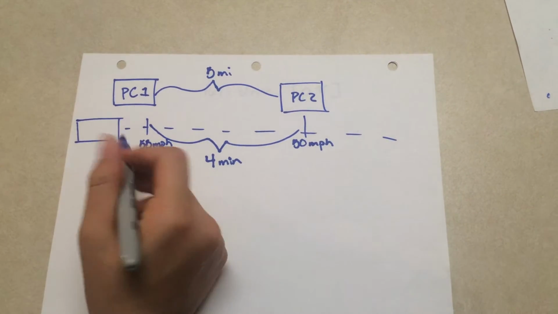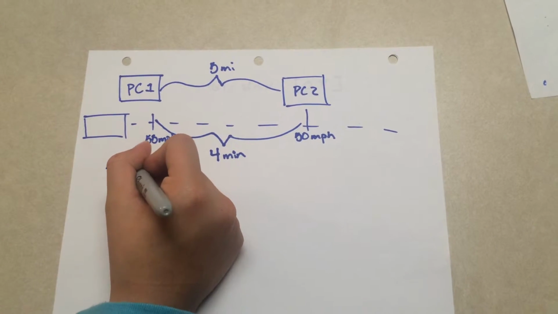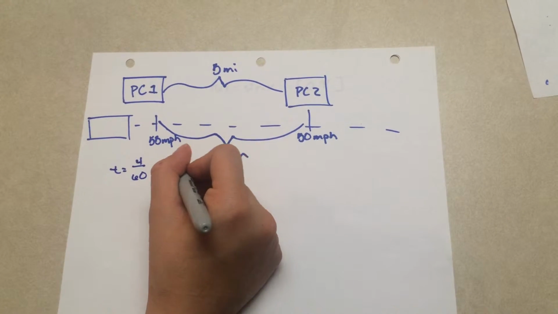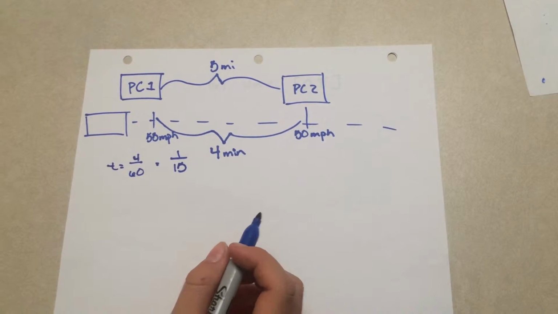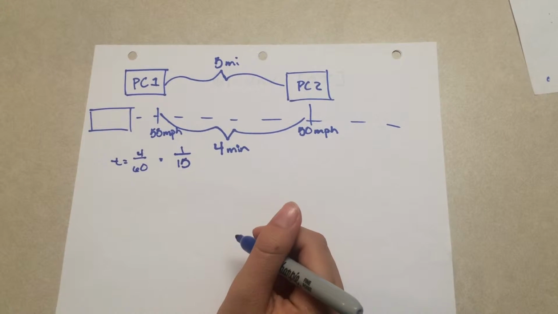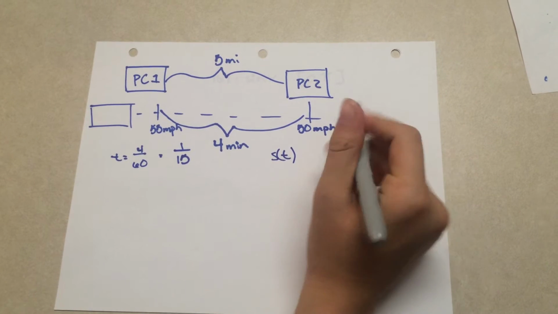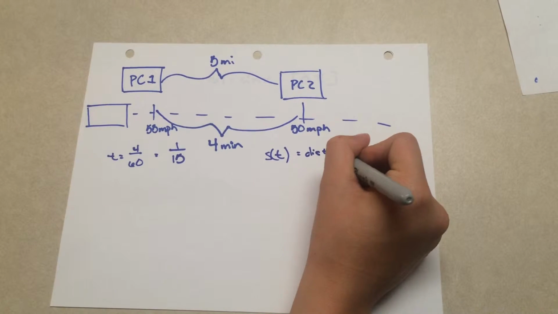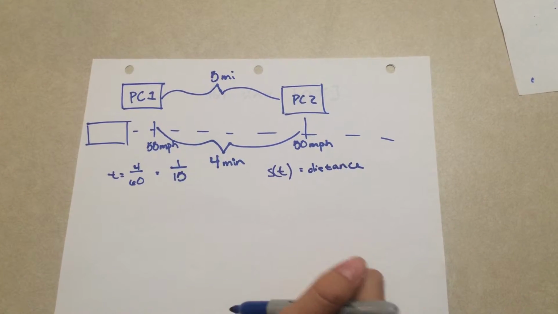So we know that time equals 4 over 60, because it's 4 minutes out of 60, which equals 1/15. So now s of t is going to be the distance at that time.